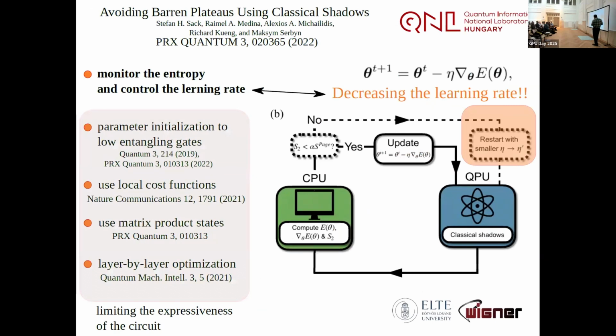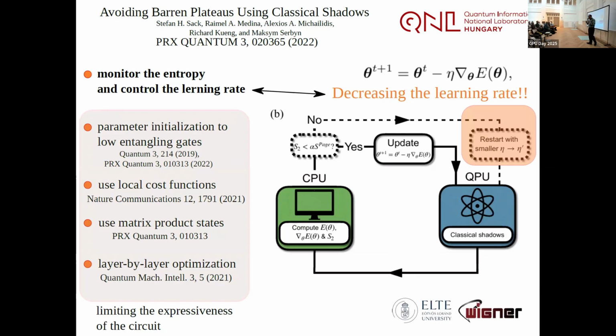Based on this conclusion, many possible strategies have been proposed to somehow counterweight this Barren plateau problem. Most of these approaches propose to somehow limit the expressiveness of the quantum circuit.